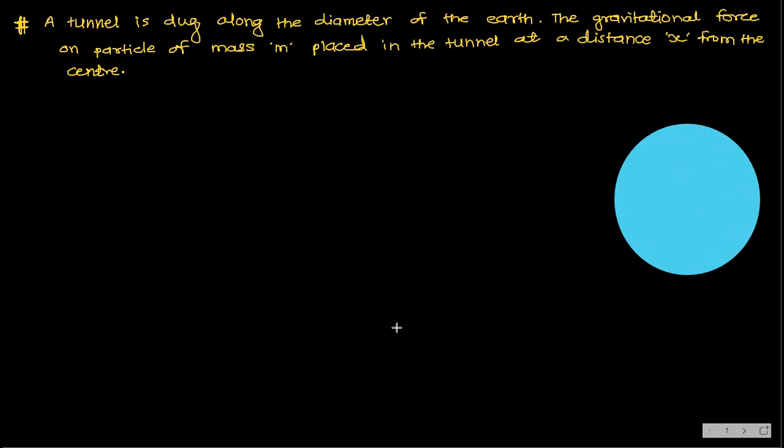And now in the question, we are going to dig a tunnel along the diameter. So this is your tunnel. Okay, clear? And now we are going to keep one mass m somewhere here. Okay, and here it is the center.